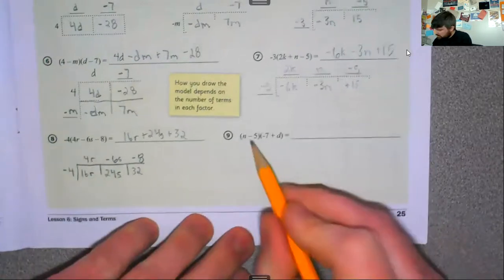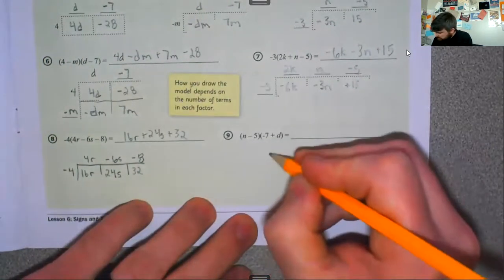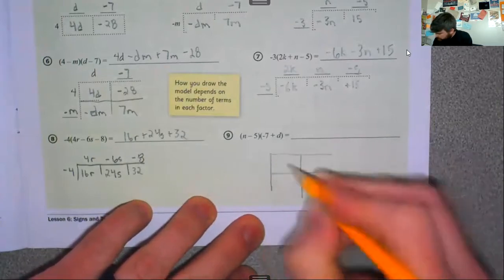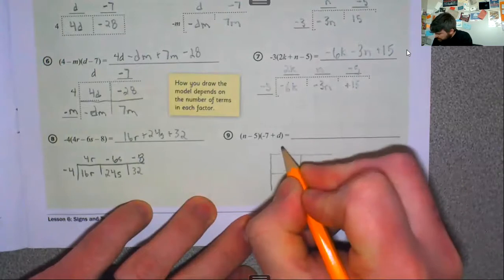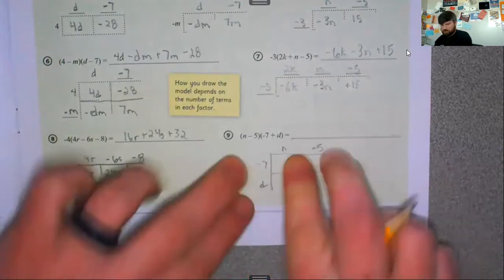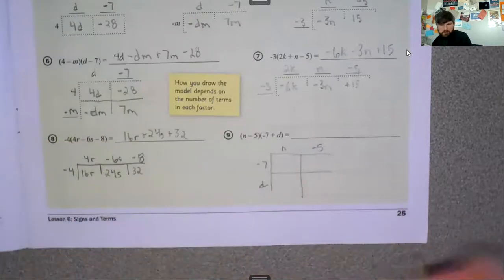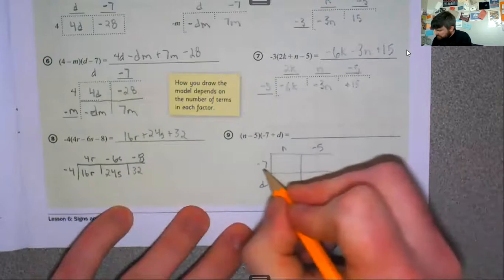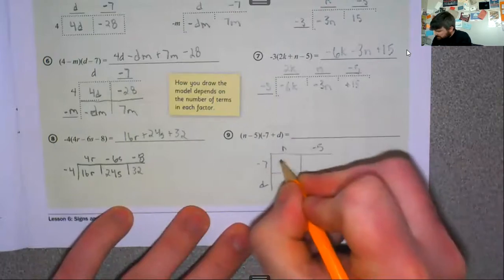Here we've got two terms and two terms. So there's a possibility of four terms here. So n minus 5, negative 7, and d. And you could switch those spots. It doesn't matter which order or which side they go on. So negative 7 times n is negative 7n.